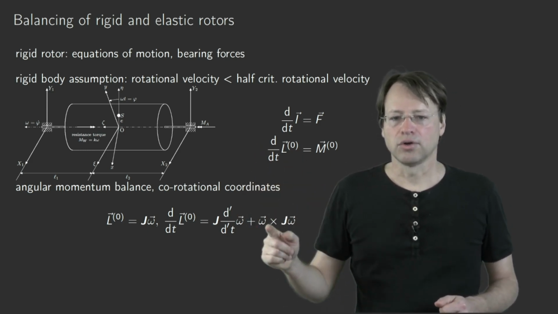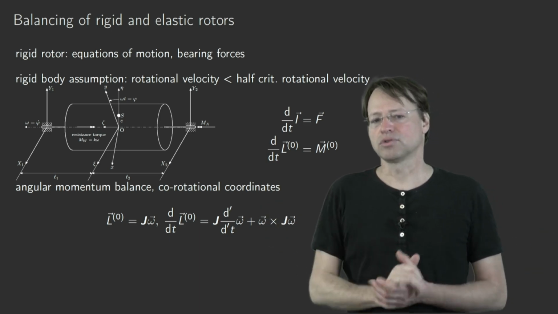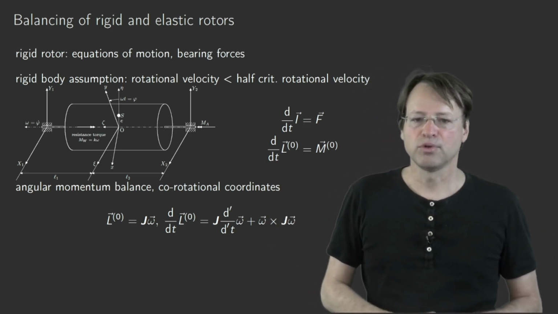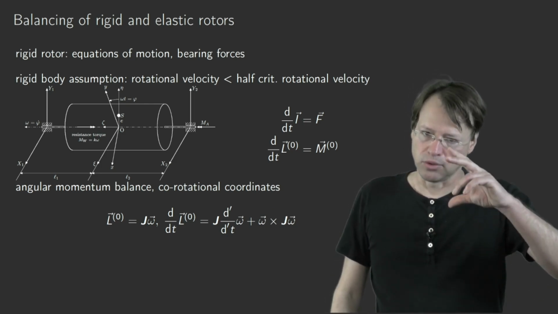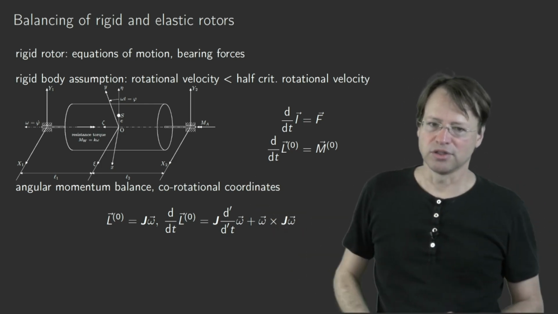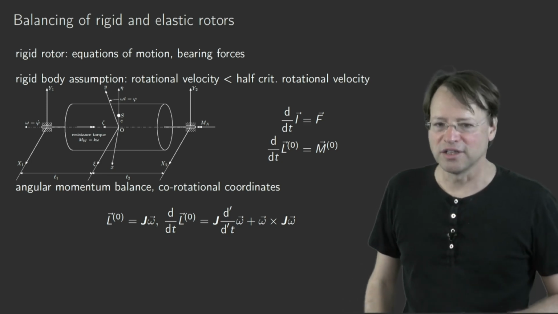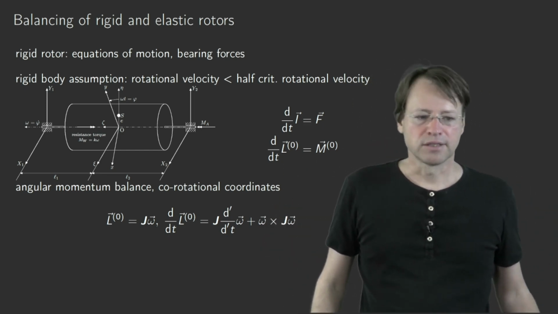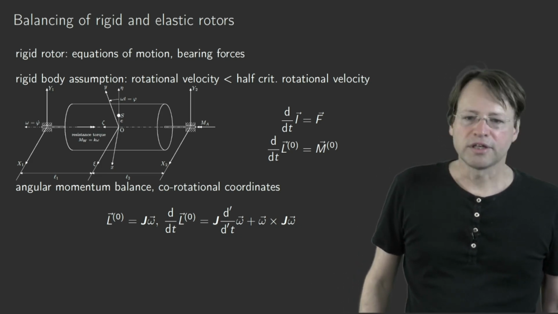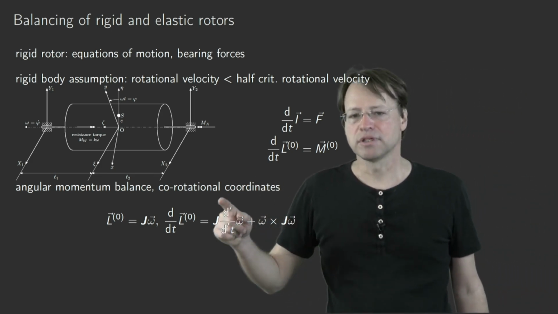This is done according to the classical Euler-Poisson differentiation formula by the rotational vector omega, because our co-rotational coordinate system, otherwise it wouldn't be co-rotational, rotates with rotational speed omega.